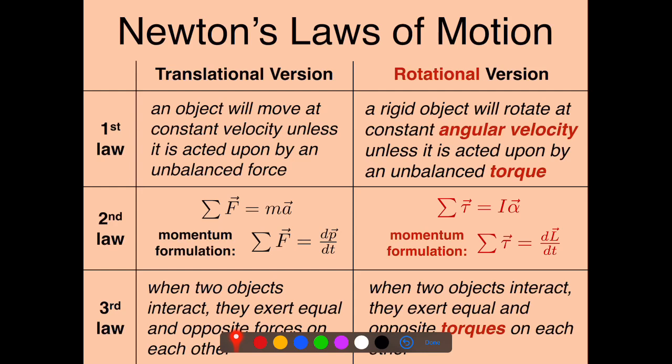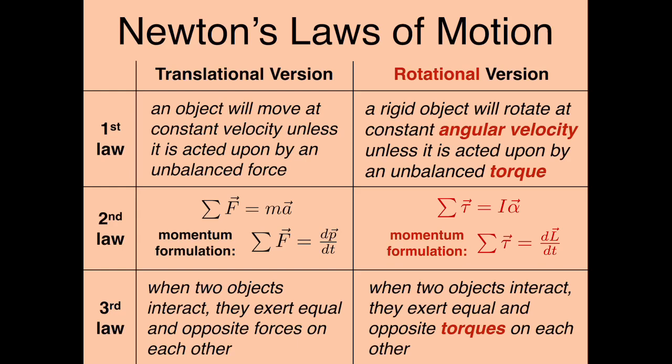There's also a rotational version of this, which is that a rigid object will rotate at a constant angular velocity unless it is acted upon by an unbalanced torque. So if you have something spinning and there's no overall torque acting on it, then it's just going to continue spinning at that same angular velocity, and that's not going to change. So that's the first law applied to translation and to rotation.